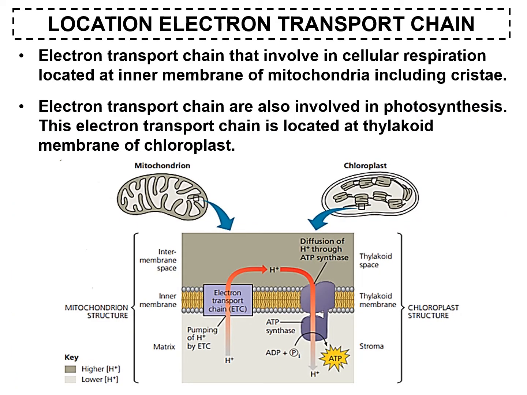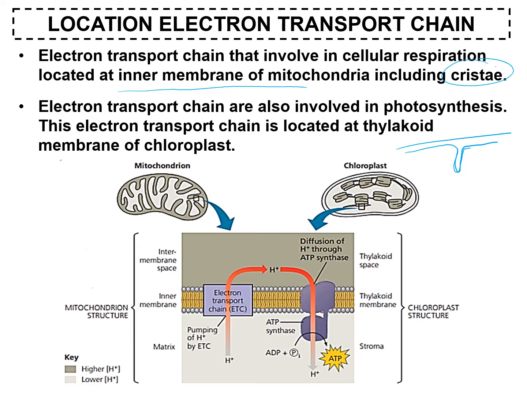The location of the electron transport chain is the inner membrane of the mitochondria, including the cristae. Cristae is the folded part. This is the inner membrane, the folded part. The folded part is called cristae.